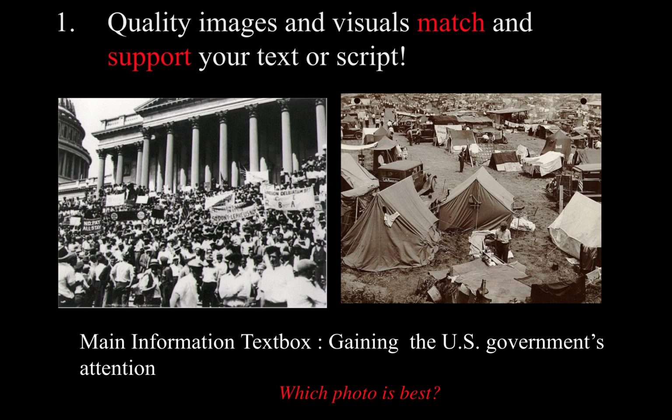Next, quality images and visuals again need to match and support your text or script. So if your main information text box is about gaining the government's attention, which photo is best? Probably the one on the left, because you see them protesting outside the Capitol, which would represent the government.